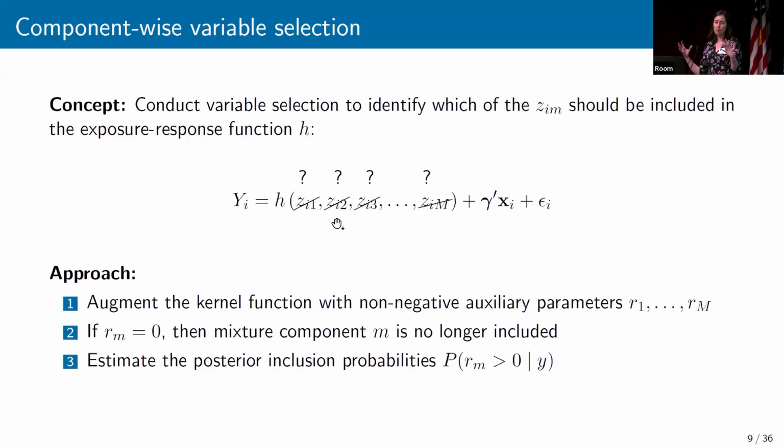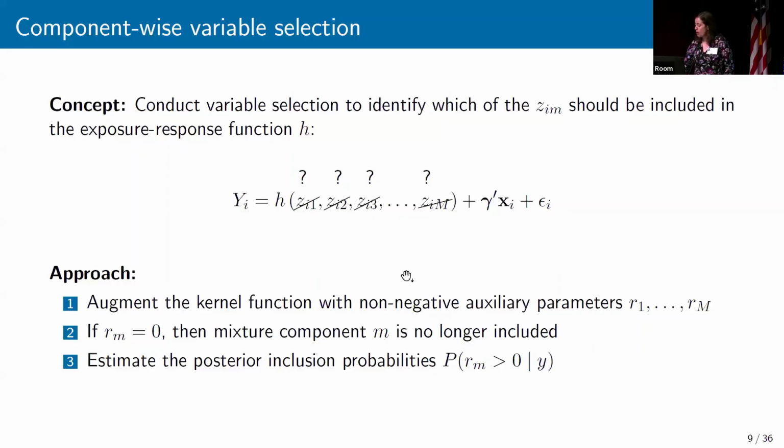And it's doing that while asking whether it should be included in the exposure response function, potentially allowing for nonlinear relationships. If you wanted to do that parallel test with the basis function representation, you'd have to test whether several of the different parameters are not zero. So you'd have potentially a high dimensional test to look at each exposure. In the kernel machine representation, testing for whether the variable should be included in the model is just looking at one single variable for each component, even with this complex relationship.